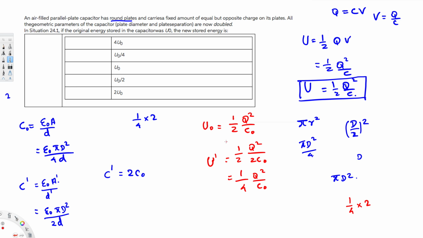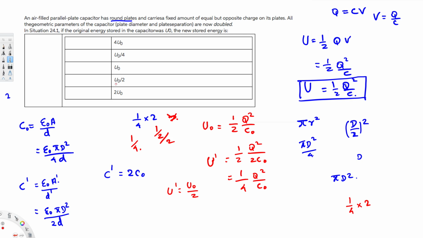So this is actually half of this one. If you divide this by 2, you will get 1 over 4. Therefore, we can conclude U prime is equal to U naught divided by 2. So that's going to be the answer for this one.